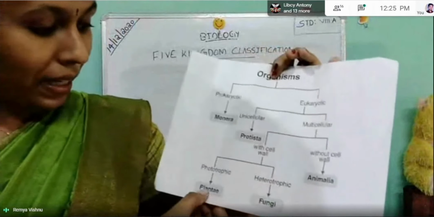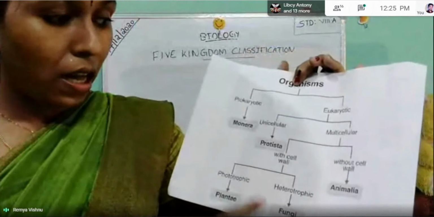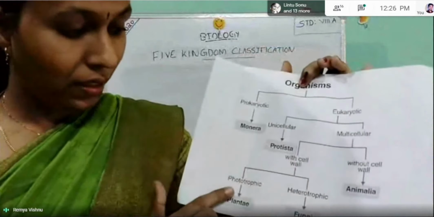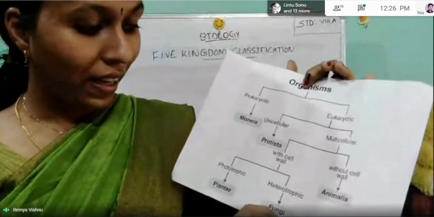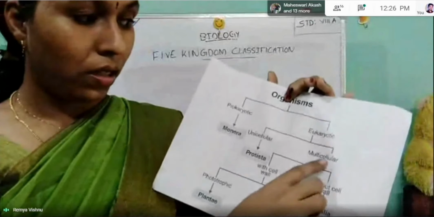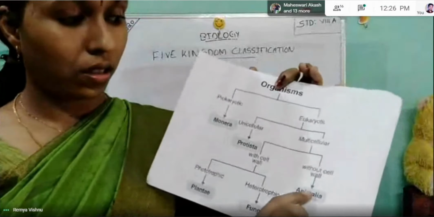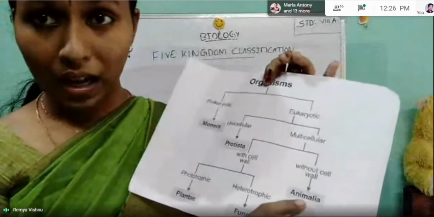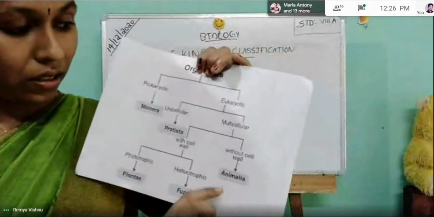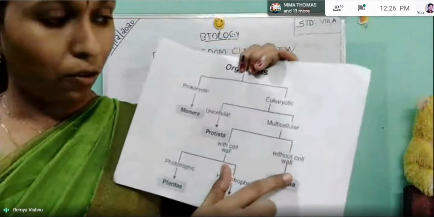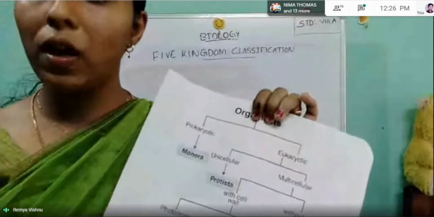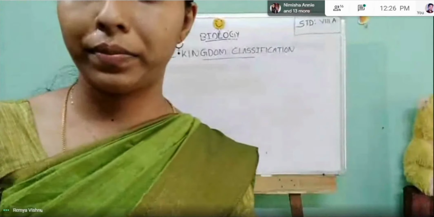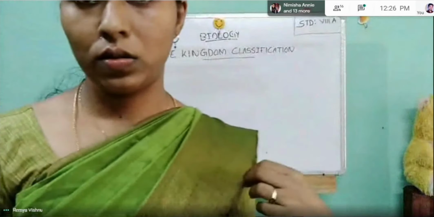The major peculiarity of plant is the presence of a cell wall and they are autotrophic or phototrophic. The fungi are heterotrophic. The major features of animalia are without cell wall and they are multicellular. They are also heterotrophic organisms. Are you clear? Yes. Okay, thank you.